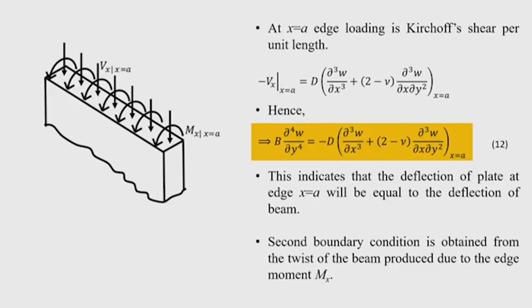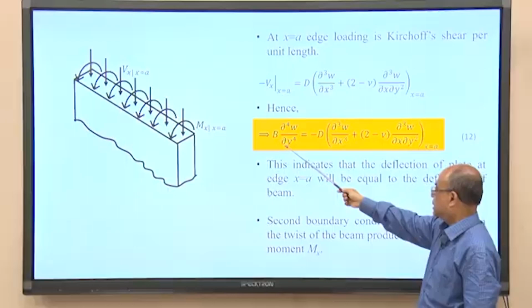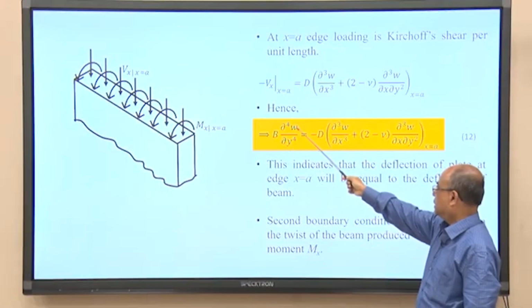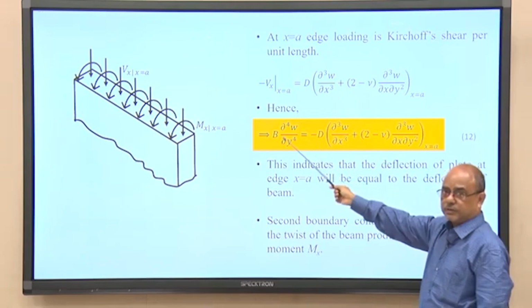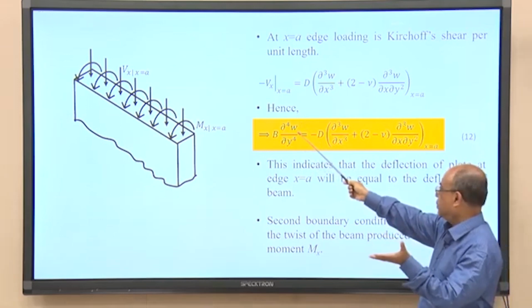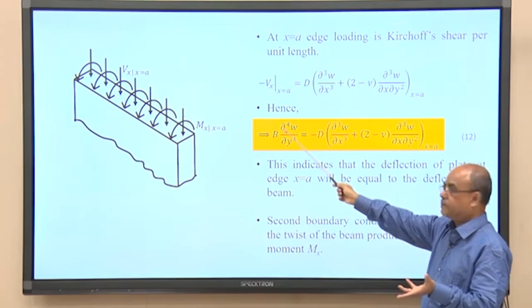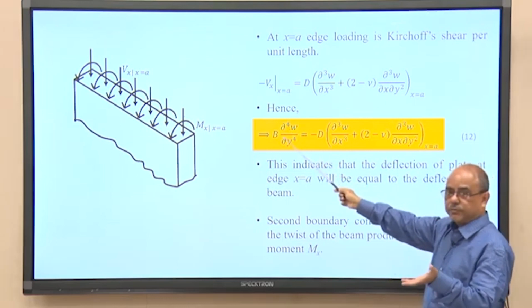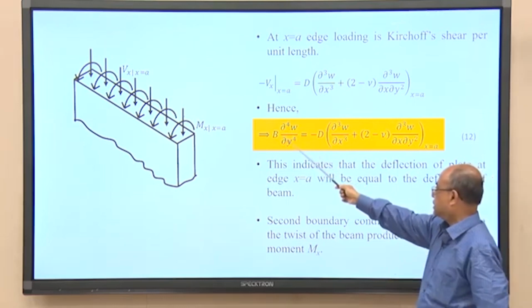So, for the beam, the deflection is written as a fourth order equation, EI del 4 W del y 4. That is the very well known differential equation for beam deflection subjected to a distributed load, for constant cross section.